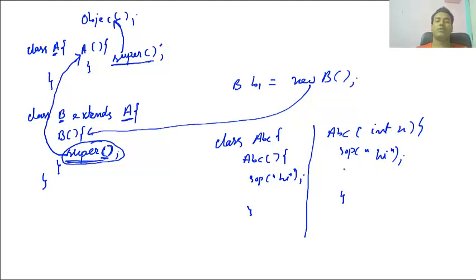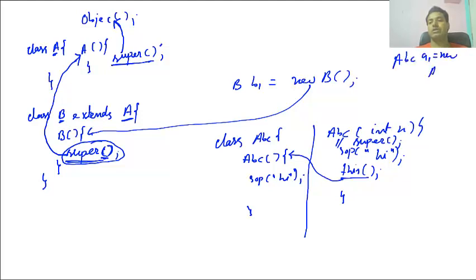Now from here I am saying this at this point, this means what? It has to call the default constructor. But what is the first statement by default? By default first statement is super. Now if I create an object of this, say ABC A1 is new ABC of 10, then you are calling this constructor.